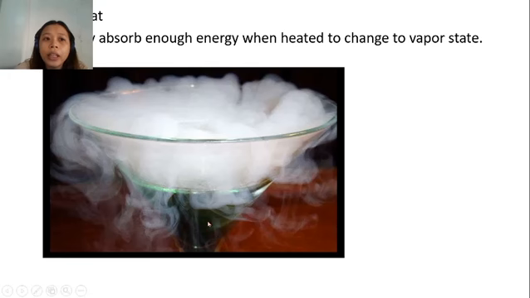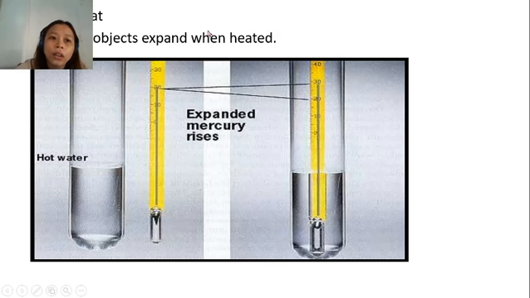Number 3, liquids may absorb enough energy when heated to change to the vapor state. So some liquids, when absorbing high heat, change to the vapor state. 4, almost all objects expand when heated. One example is our mercury thermometer.